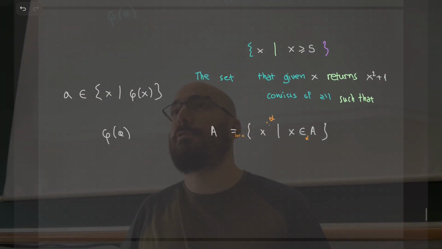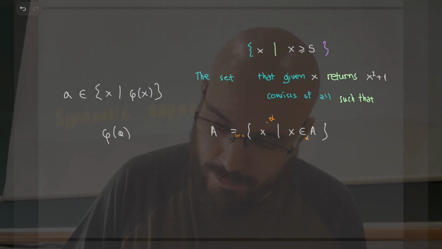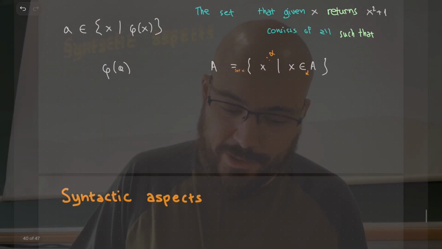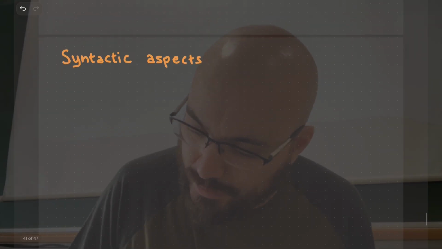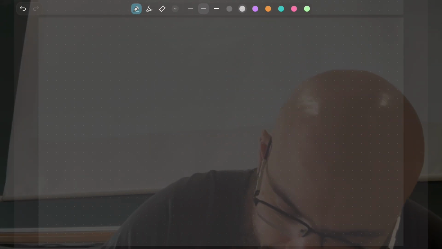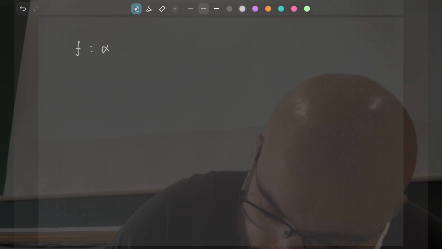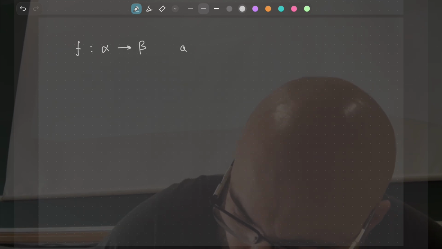Yeah, questions so far? Okay, back to functional notation, because there is one more thing that maybe mathematicians are not used to, and I need to establish this. So usually in mathematics, we have this notation. We write, if we have f that goes from alpha to beta, and if we have a of type alpha.